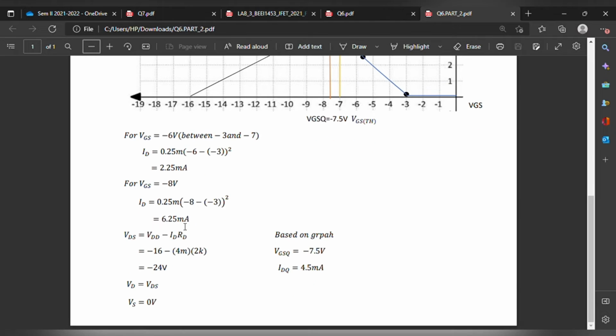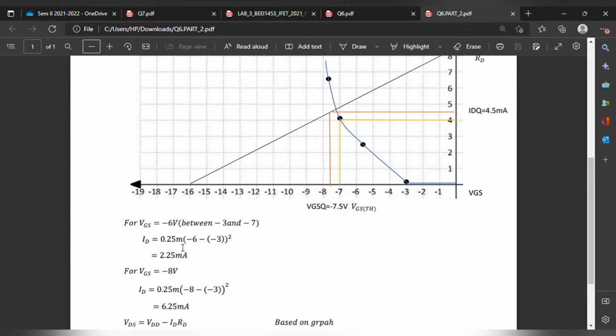And for VGS equal to negative 8, we get ID equal to 0.25 milli, in the bracket 25, so it's equal to 6.25 milliampere.